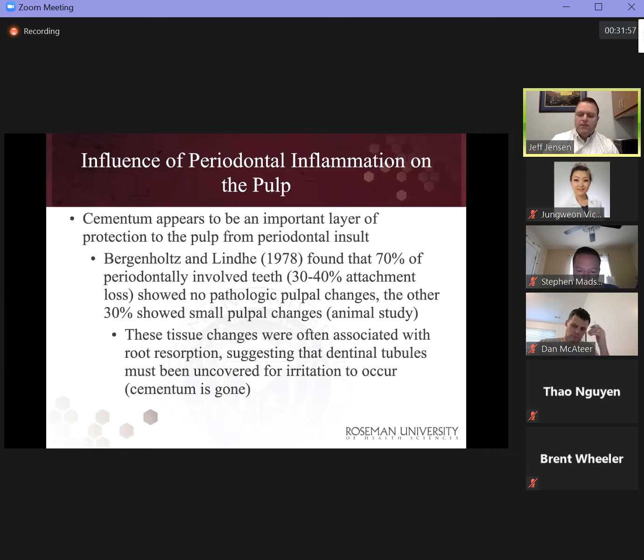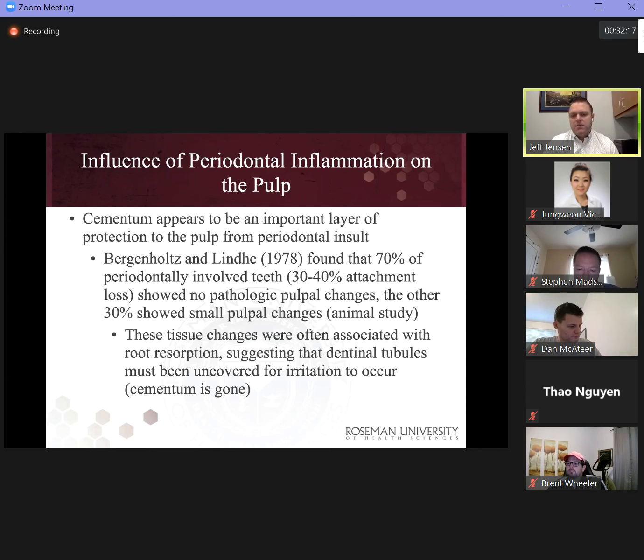Their point being, if we have cementum on the tooth, then typically that's a good protection of the dentin and the tubules underneath. If the cementum's present, then typically we don't see much of an insult to the pulp.